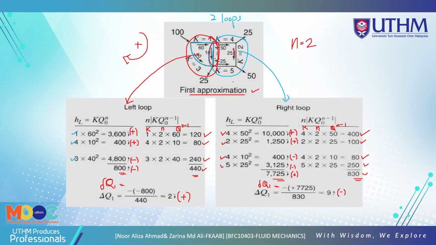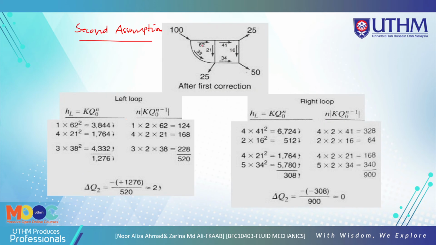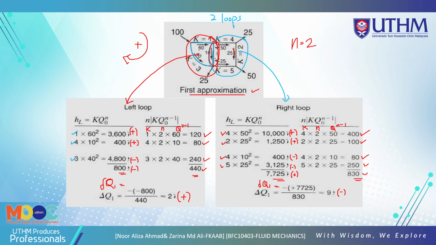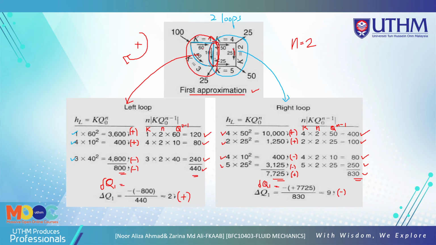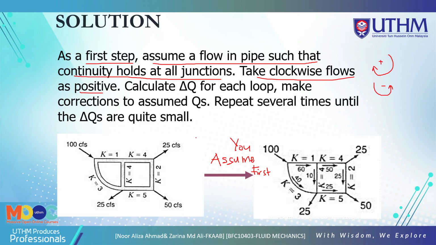So after you get the delta Q, the new flow is based on the 60 here. You plus the 2, so you get 62. And the 40 here is negative, so you plus 2, and you get 38.